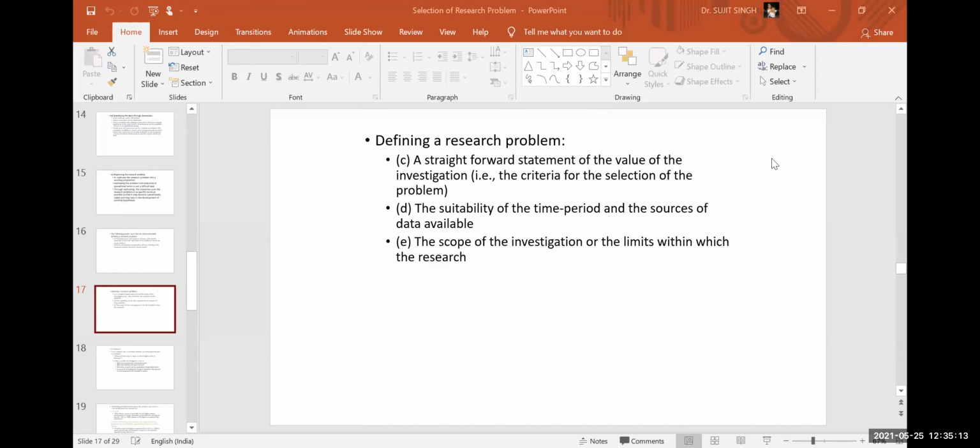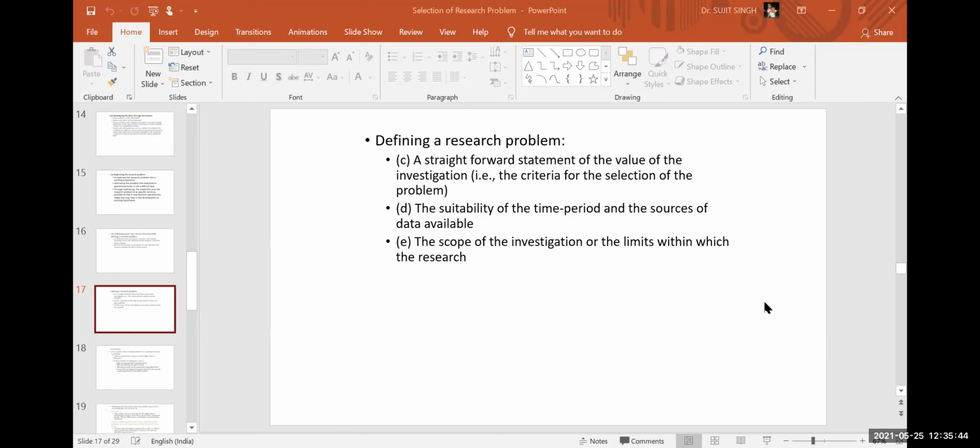At the same time you have to define the suitability of the time period and the source of the data available, right? As in the last class also we talked about the different criteria, and one of the criteria for the selection of any topic may be the time limitation you have.